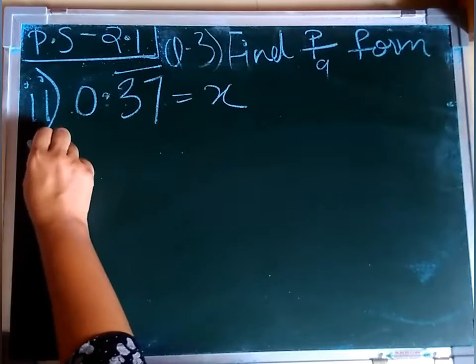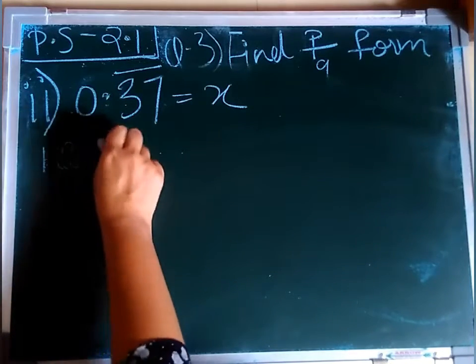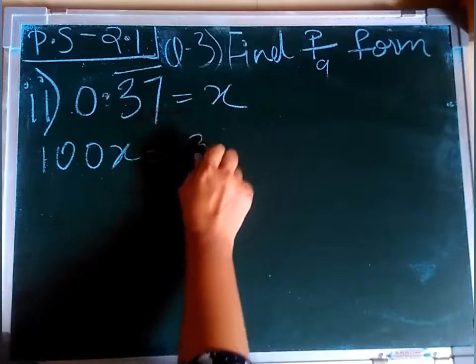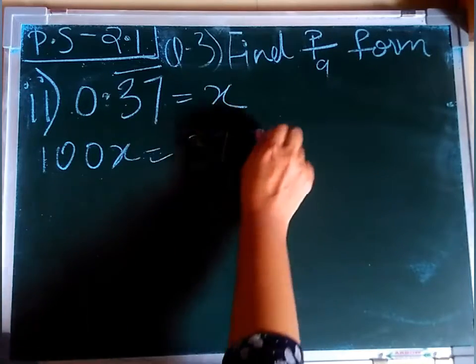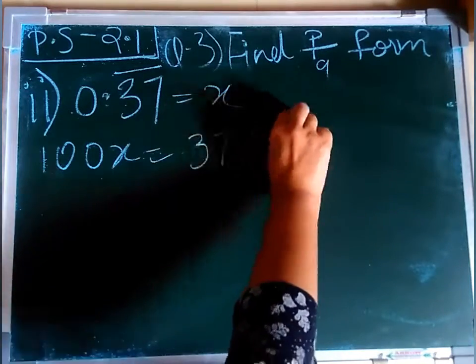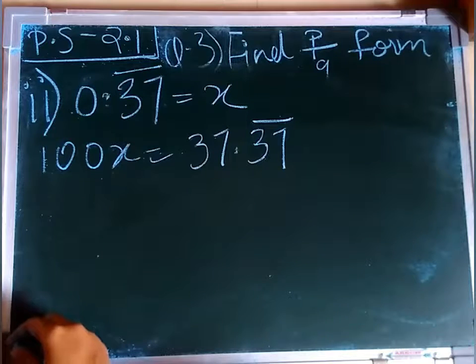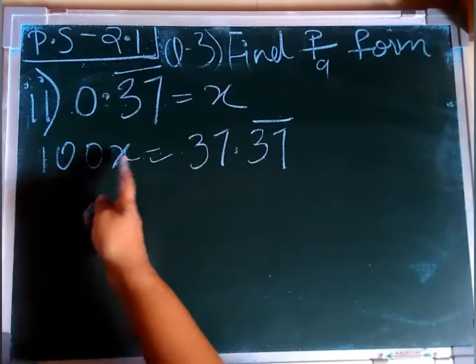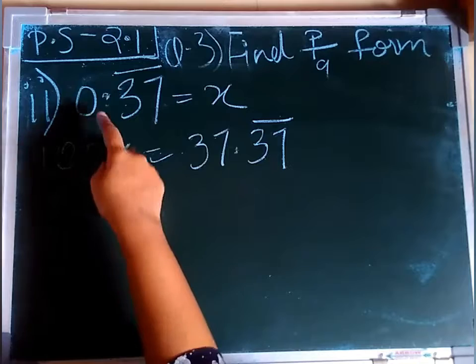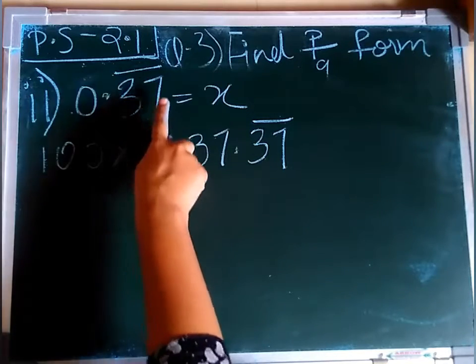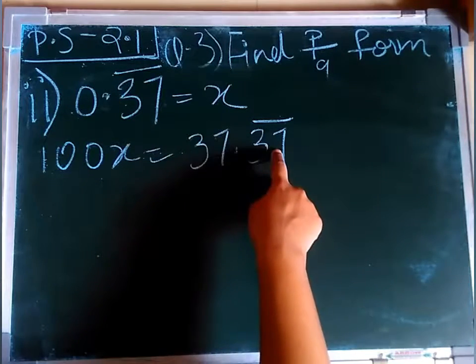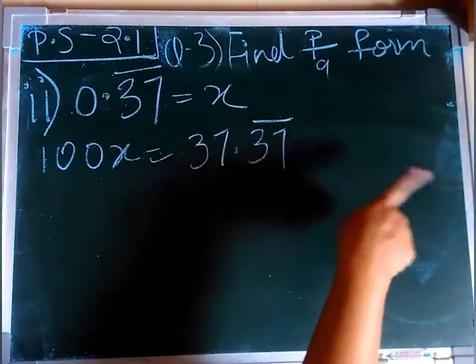So I will first multiply it with 100. So I will find 100x and this will be 37 repeating. Okay, when I am multiplying by 100, that means I am multiplying 100 with this number and shifting the decimal point twice. And since this 37 is repeating, again this will repeat n number of times.